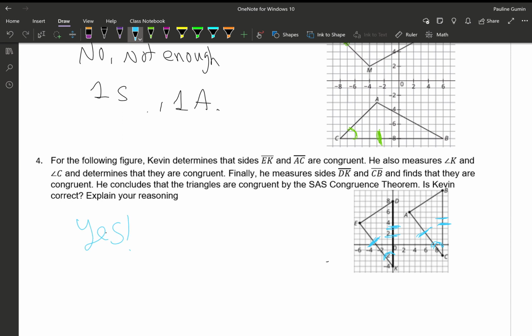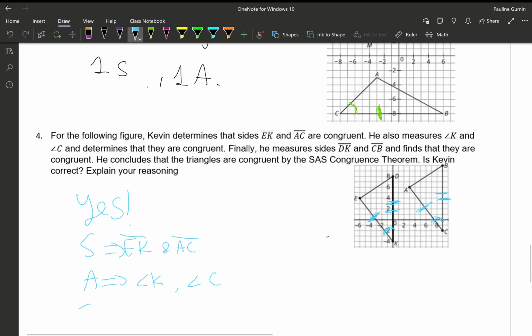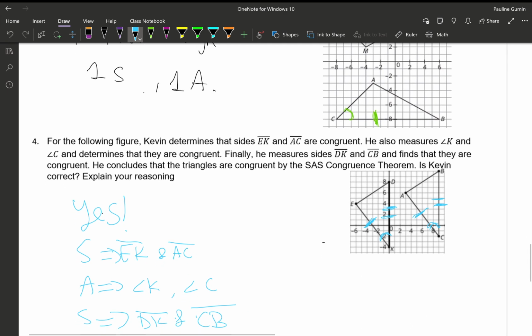Yes. He gives us a side. The first side is going to be the EK and AC. Then he gives us the angle, K and C. And then he gives us one other side to create a sandwich of DK and CB. So Kevin, in this case, is correct.